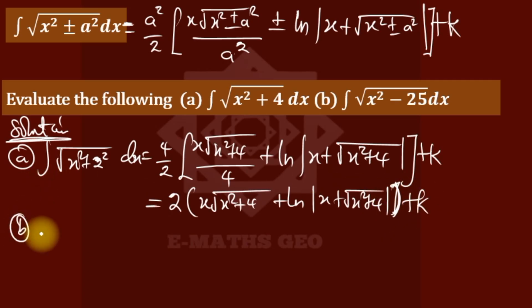While for the second one, we have the square root of x squared minus 25, where 25 is 5 squared.